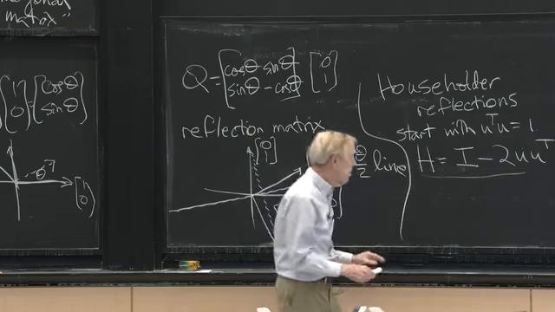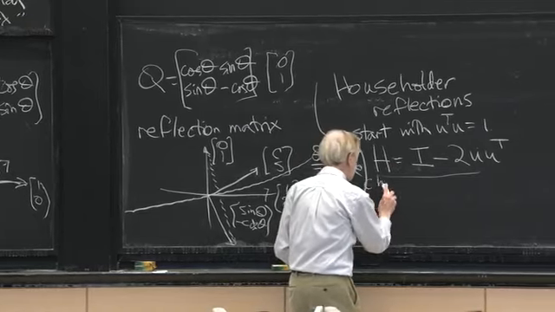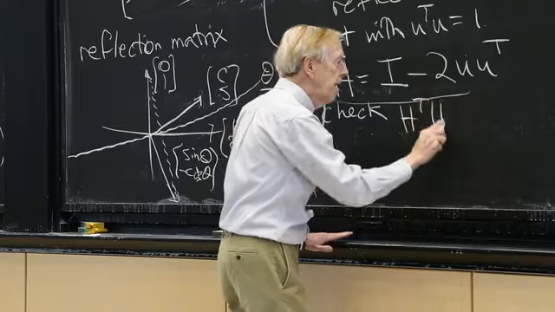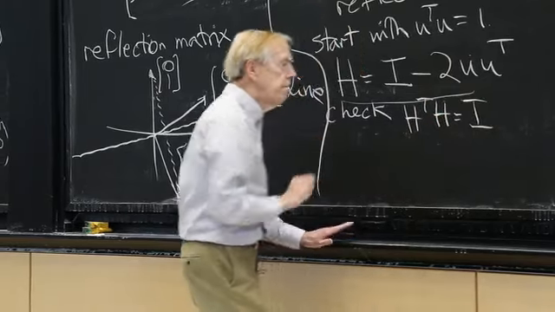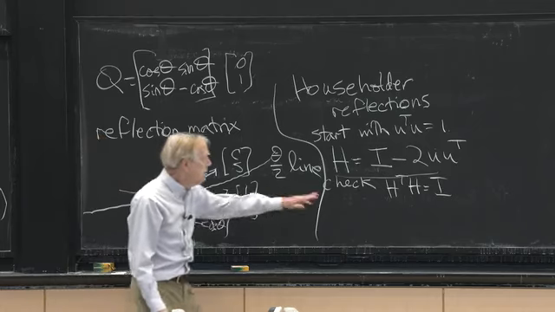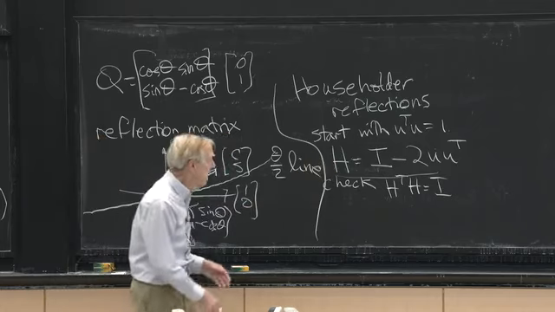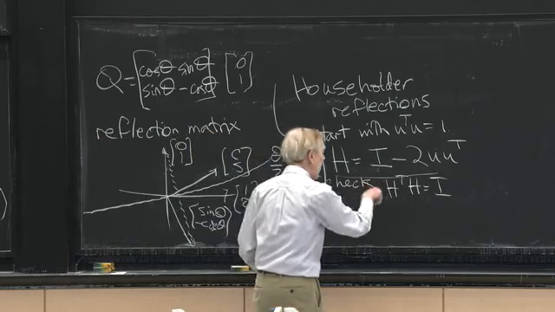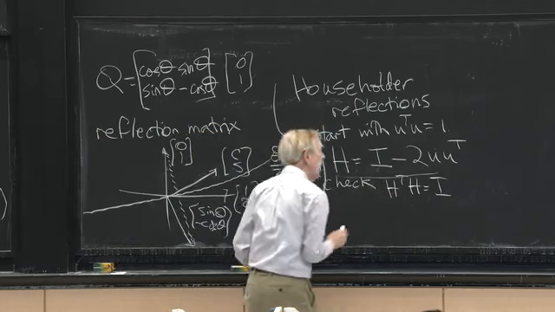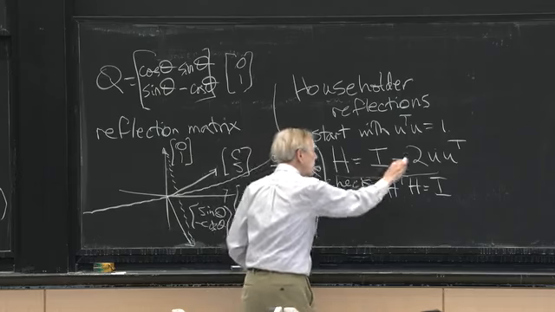So to check that it's orthogonal, I'm going to check that H transpose H is the identity. Well, H transpose is the same as H because it was symmetric. So I'm going to square this guy. This is really H times H. I'm squaring it.